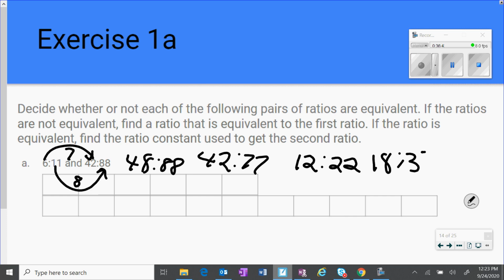It could be 18 to 33, because he multiplied both sides by 3. See how easy that is? All you have to do is, whatever you multiply the first number by, you have to multiply the second number in the ratio by. Okay, so pretty simple.